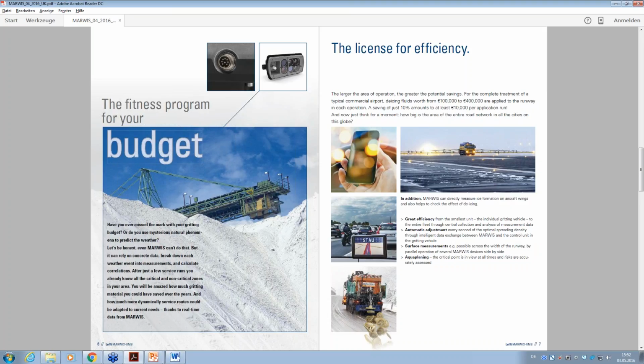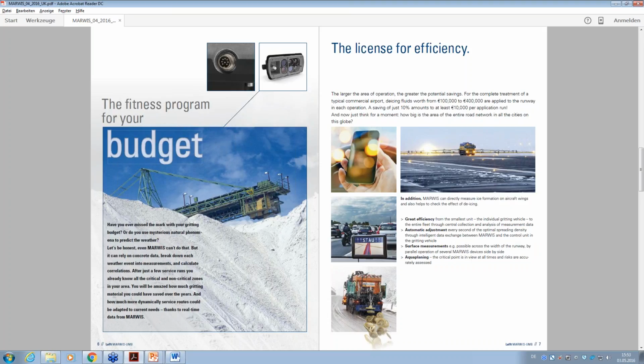But what if a salt spreading truck has a sensor knowing exactly how the surface is structured right now, to understand water film in micrometers, to measure the ice percentage, to know the friction, to know the road temperature, and maybe even to know what will be the road condition in 2 hours from now at that location where the salt spreading truck is. So that is all possible today with smart sensors.